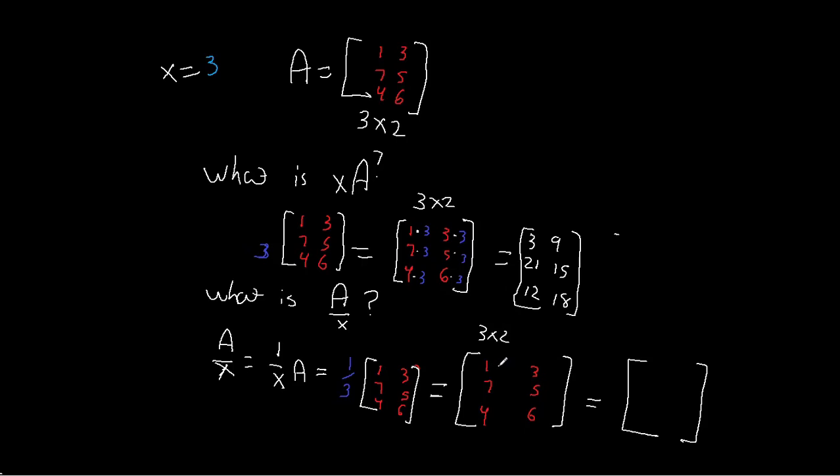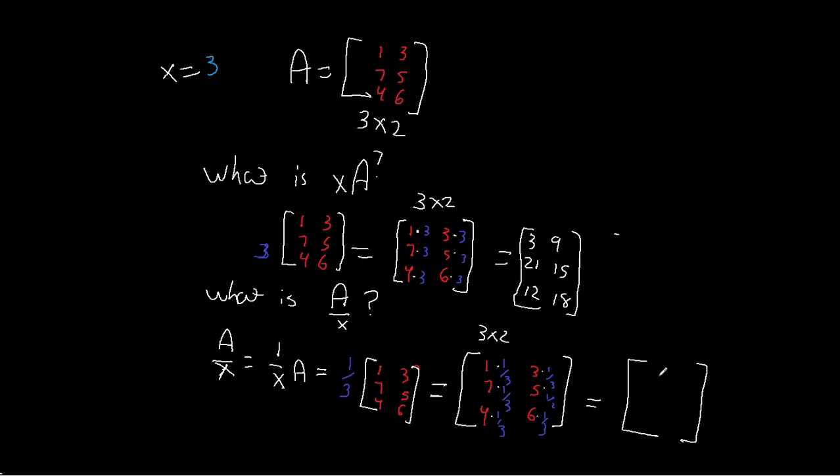We're doing multiplication, so we keep that there. Again, we move our scalar in to multiply all the elements by the scalar: 1/3, 1/3, 1/3, 1/3, 1/3, and 1/3. I know it gets a little cramped.